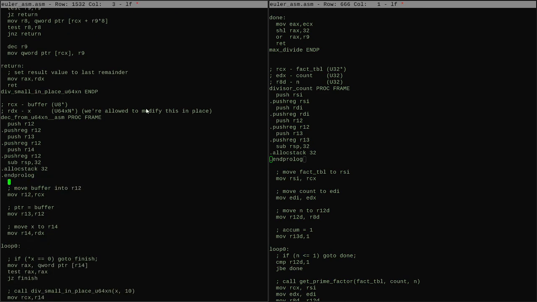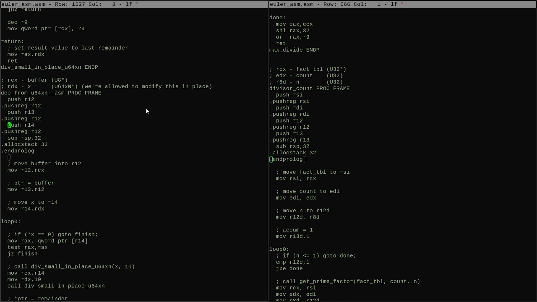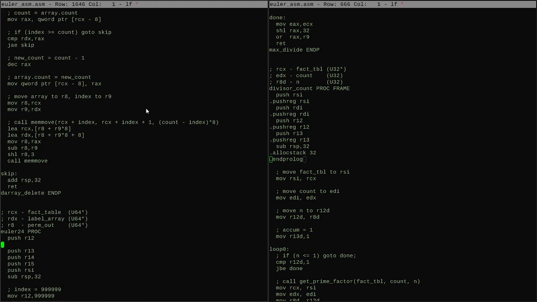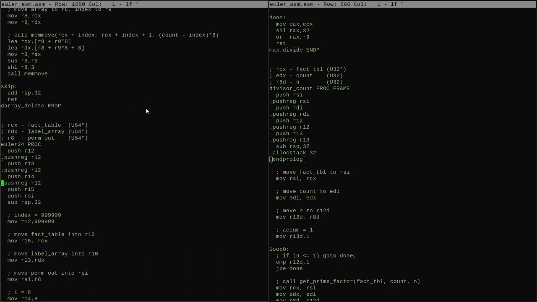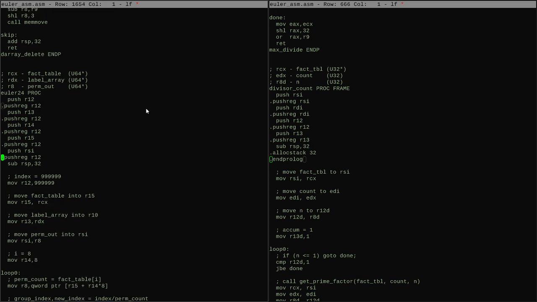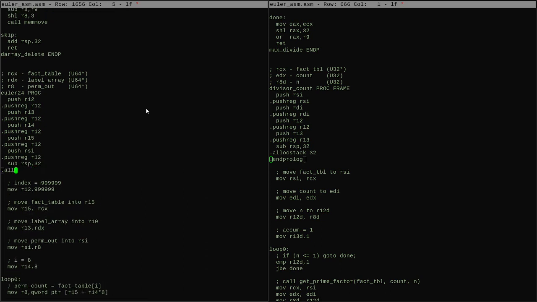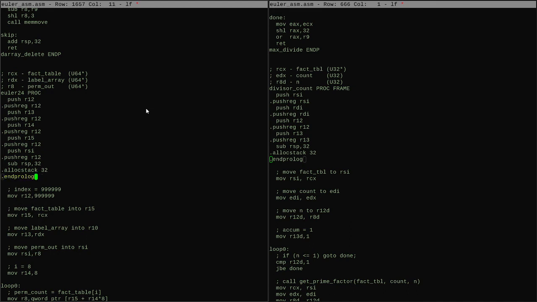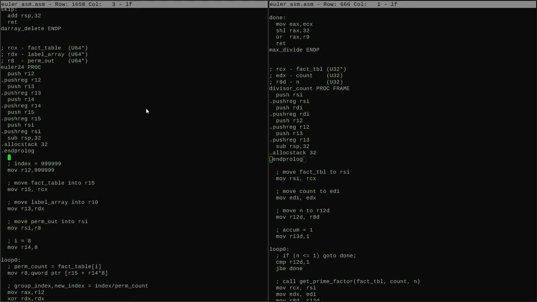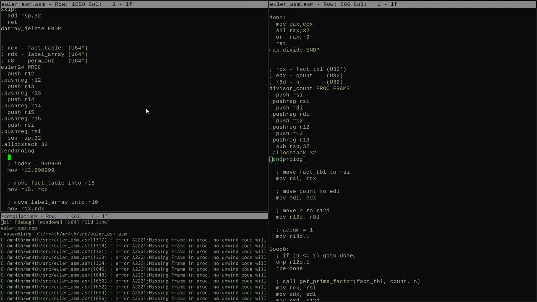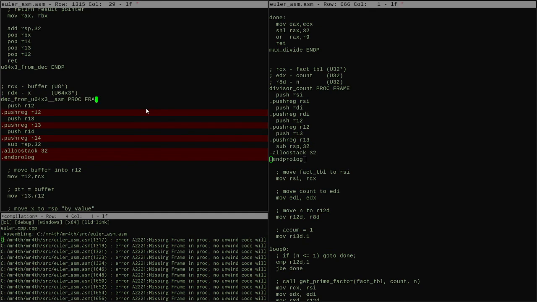End prologue, 12, 13, 14, push, boom, boom, boom, boom, boom, alloc stack 32, end prologue, 13, 14, 15, RSI. All right, I gotta tell it there's a frame.